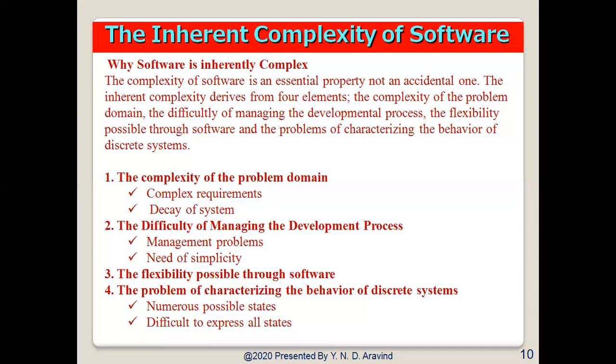But they have several problems in describing their behavior. This is because to describe the behavior, it is not sufficient to list the properties of the system; it is also necessary to describe the sequence of values that the properties take over time.